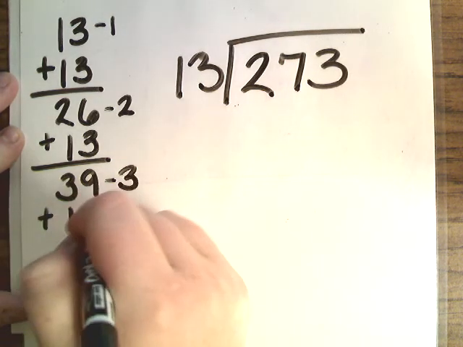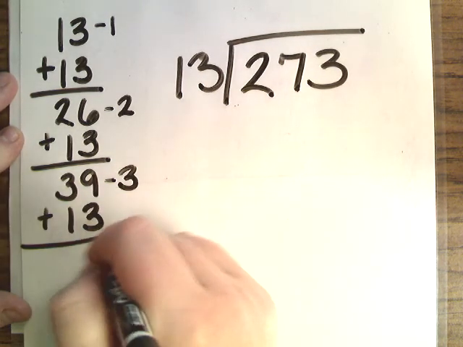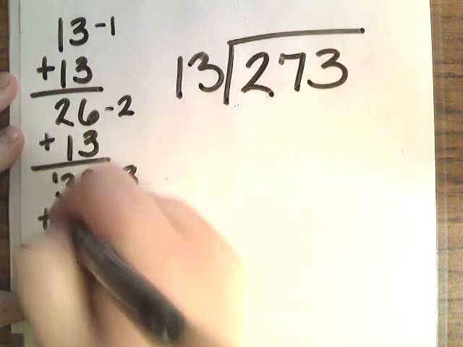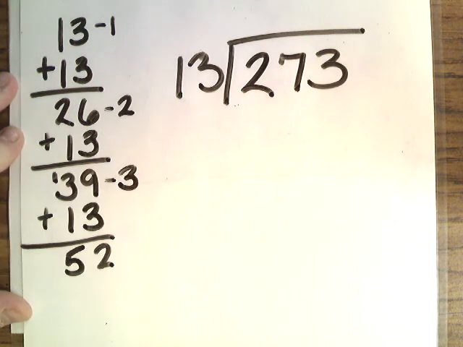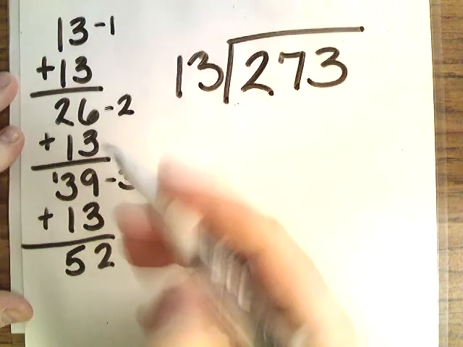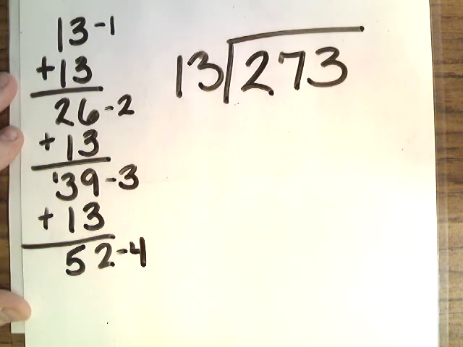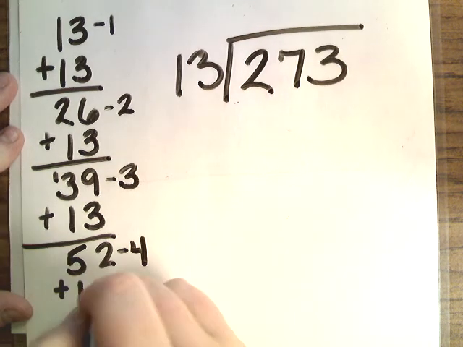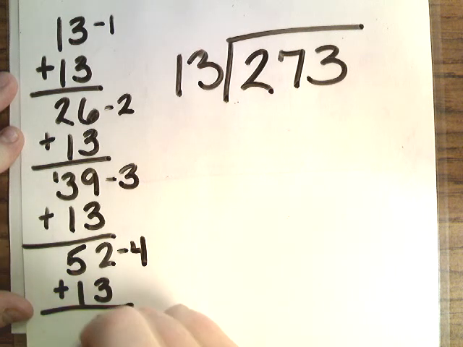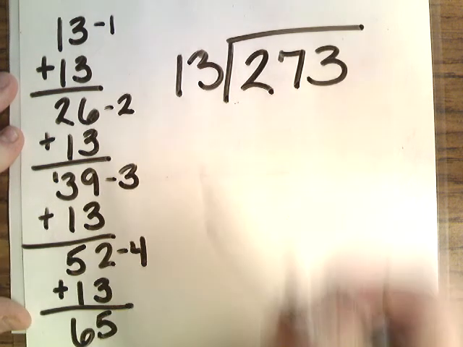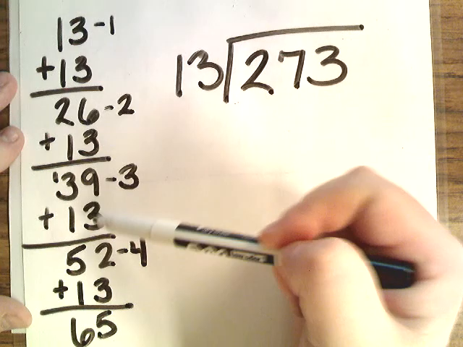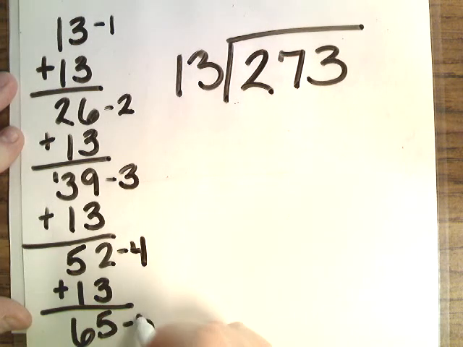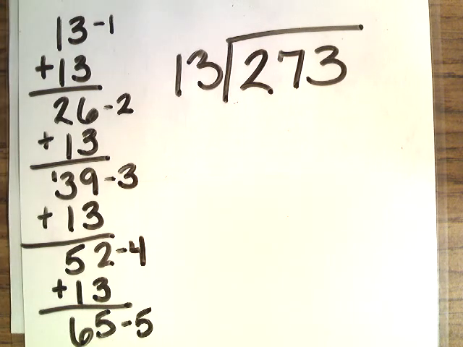Add 13 to that. 9, 10, 11, 12. Carry the 1, 3, 4, 5. So 13 times 1, 2, 3, 4 is 52. And 13 one more time is 65. So that tells me that 1, 2, 3, 4, 5 times 13 is 65.